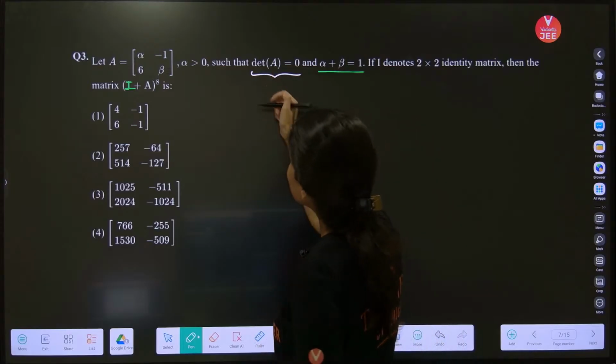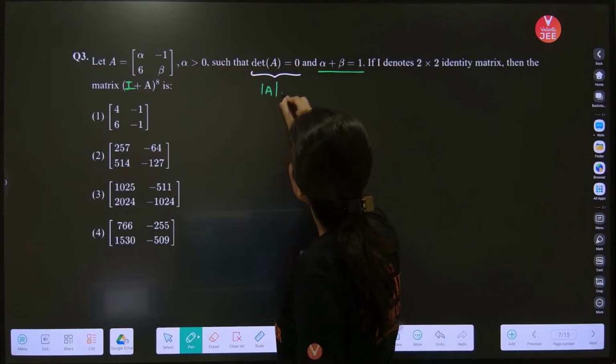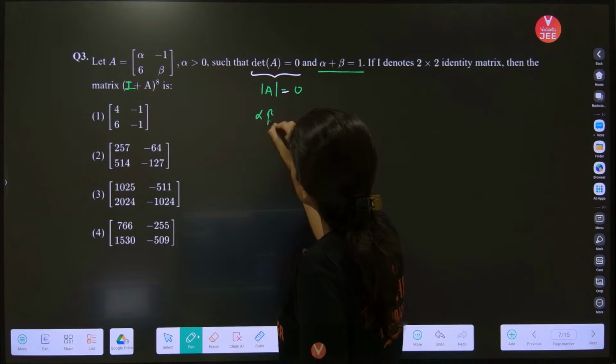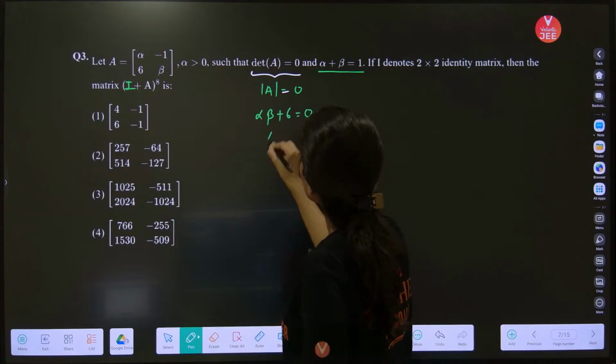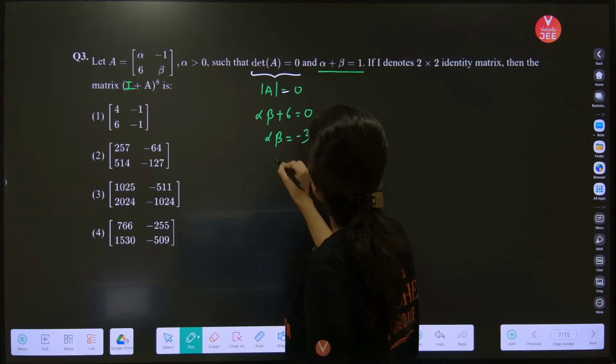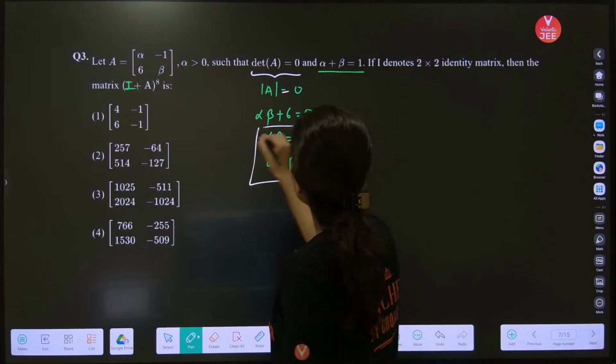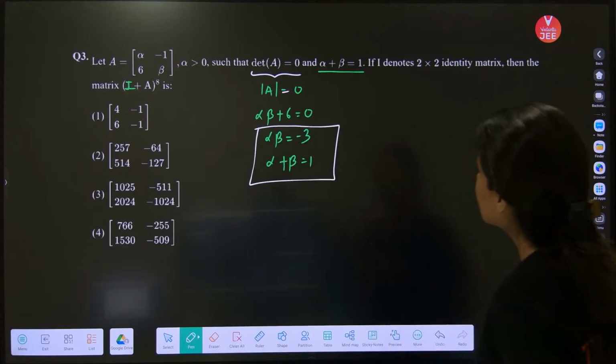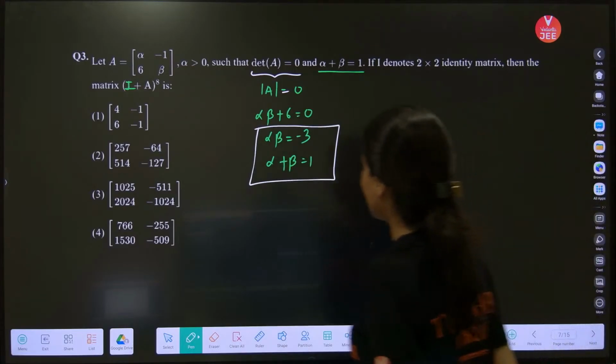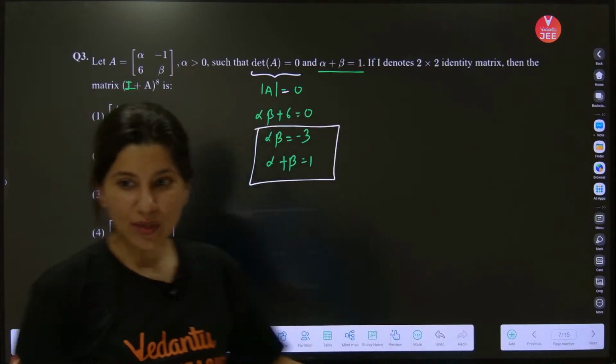So determinant A is 0, that means what? Tell me. Alpha beta plus 6 is equal to 0. So alpha beta is minus 6 and alpha plus beta is 1. Alpha is positive, by the way.